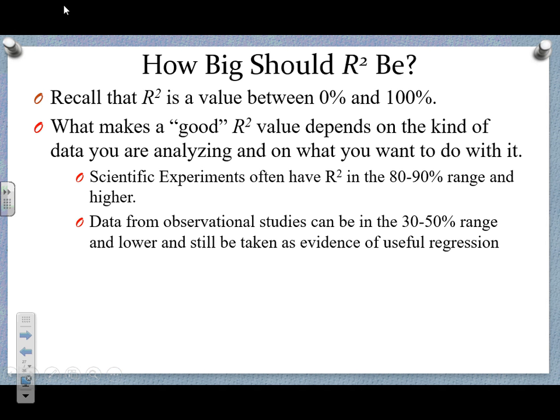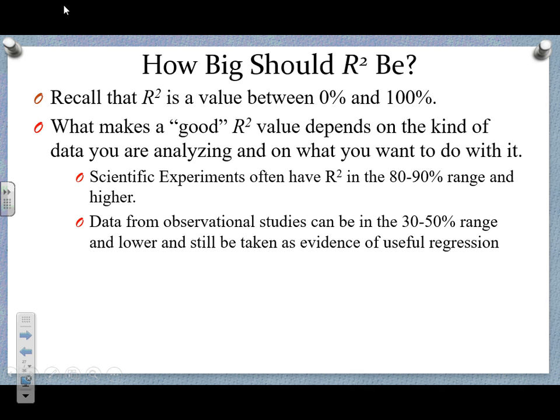We want somewhere in the 80 to 90% range to use that model to predict values. We want to be somewhere really high up there because of the nature of experiments and what they tell us. For observational studies, they're a little bit looser with what we can accept. We'll talk about those when we get to them, but for those, you can be somewhere in the 30 to 50% range, and you might still be okay using the model to predict.